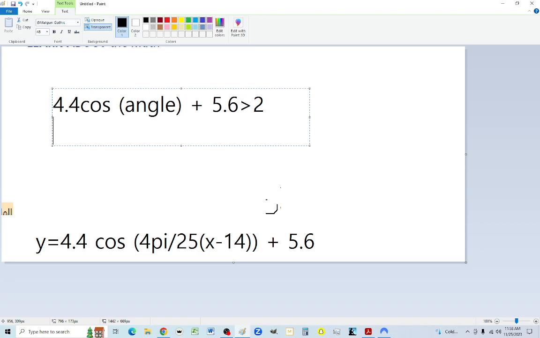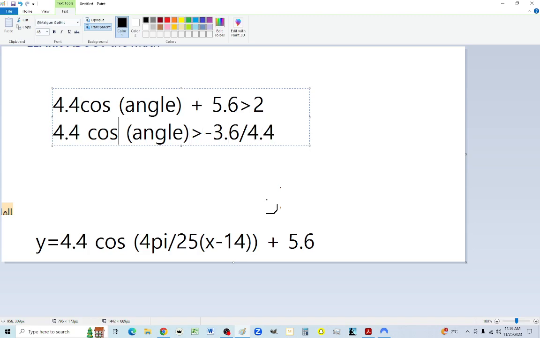Okay, well, our first thing to do is take 4.4 cos angle, and the angle gets transformed. We're just going to call it angle, is bigger than 2 minus 5.6, which is minus 3.6. Then I'm going to divide both sides by 4.4.